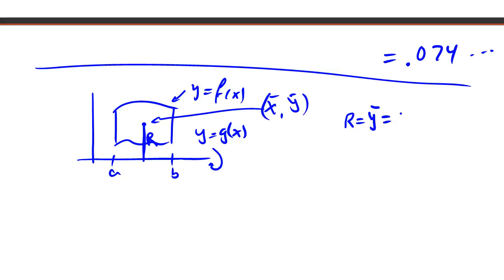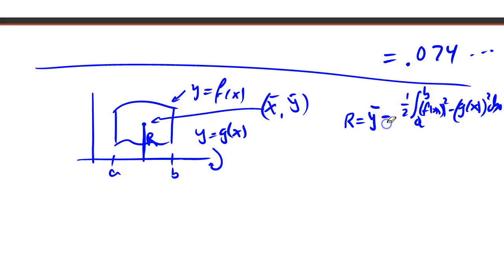And y bar is calculated as 1/2 the integral from a to b of f of x squared minus g of x squared dx, but I don't even want to do that.